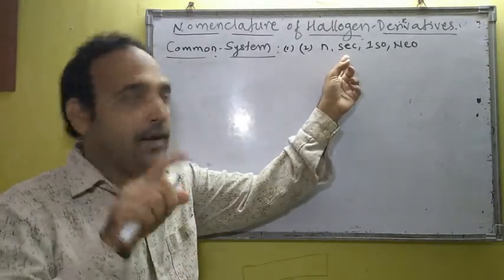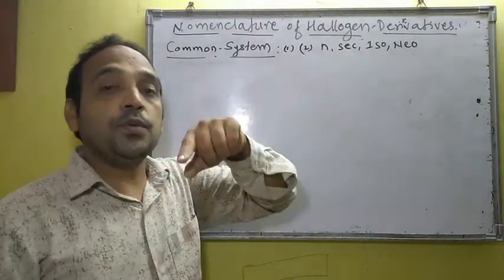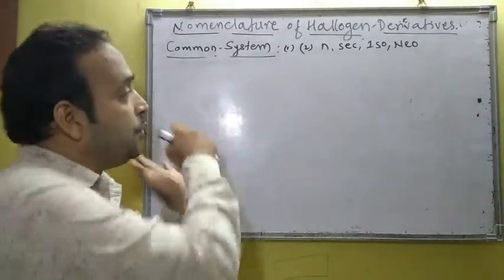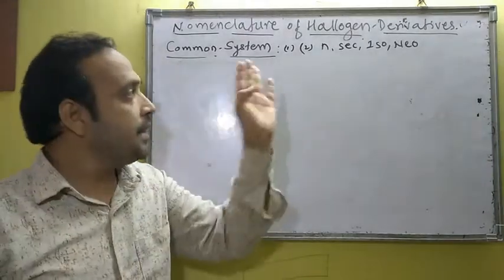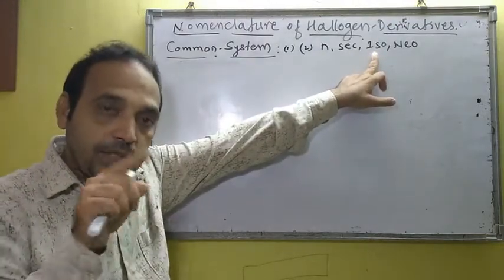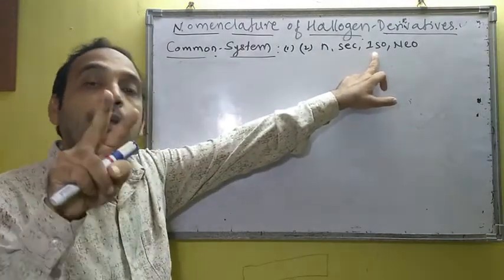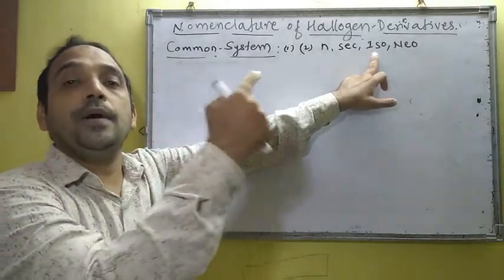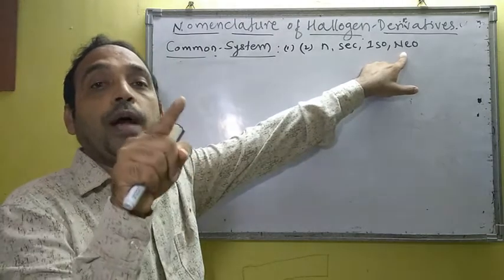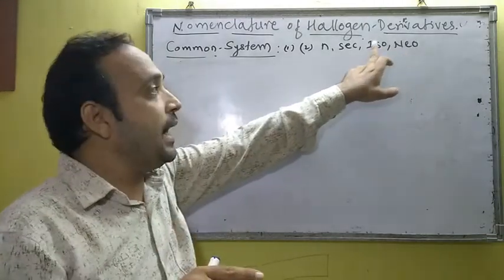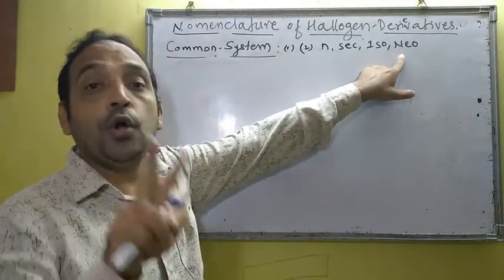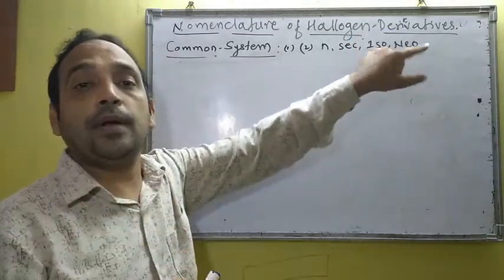Iso means the methyl group is attached to carbon number 2 in a carbon chain; that example we will cover. Neo means two methyl groups attached to carbon number 2. In iso, one methyl group is attached to carbon number 2; in neo, two methyl groups are attached to carbon number 2.